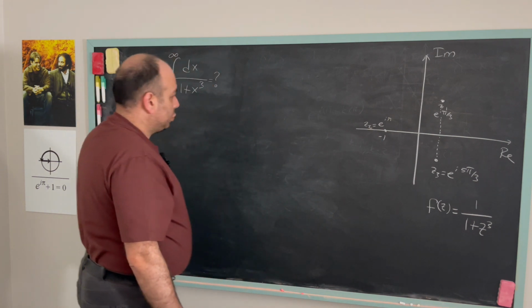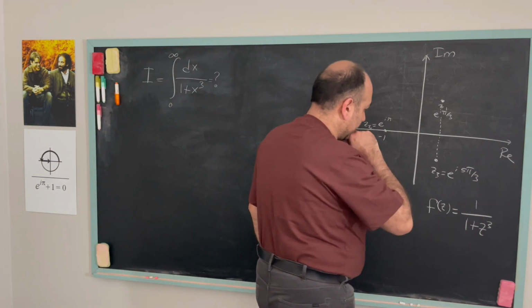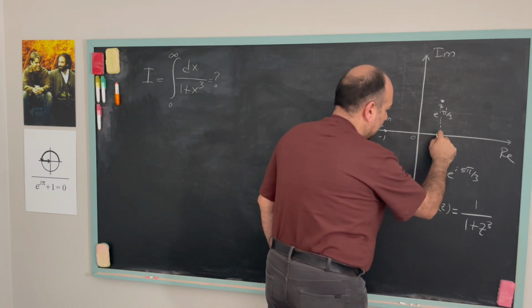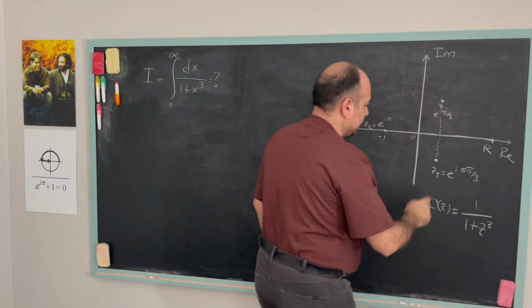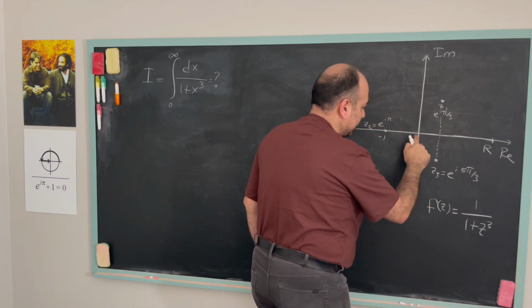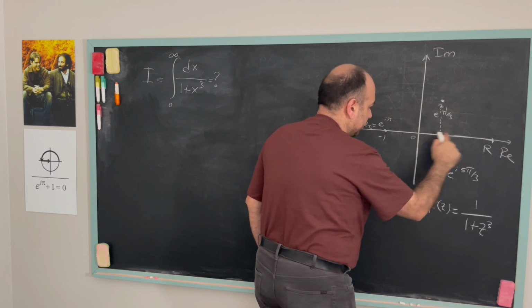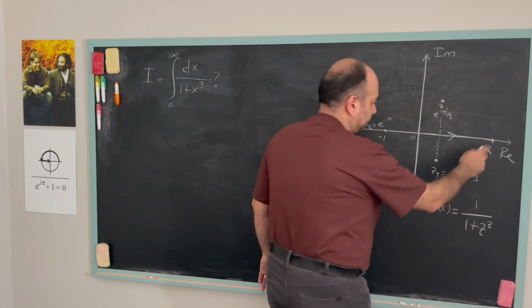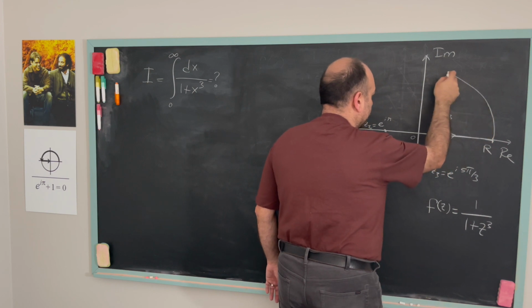The next step is to choose a contour, so we will define a contour integral. This is my origin, and this is R. On the real axis, I will move along the real axis from 0 to R. This is part of my contour. When I reach R, I will start to move on a circular arc.